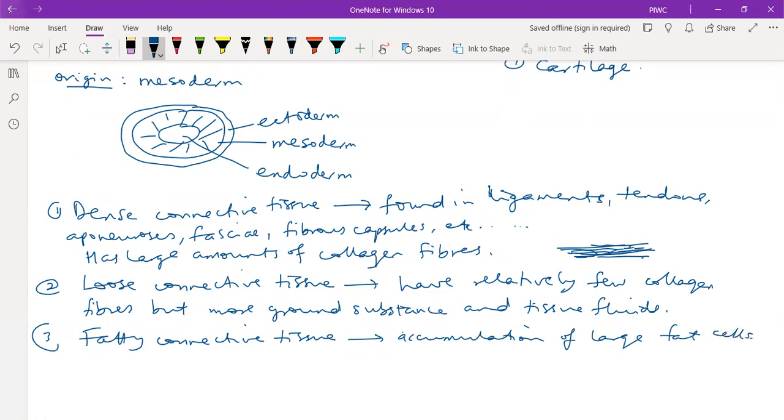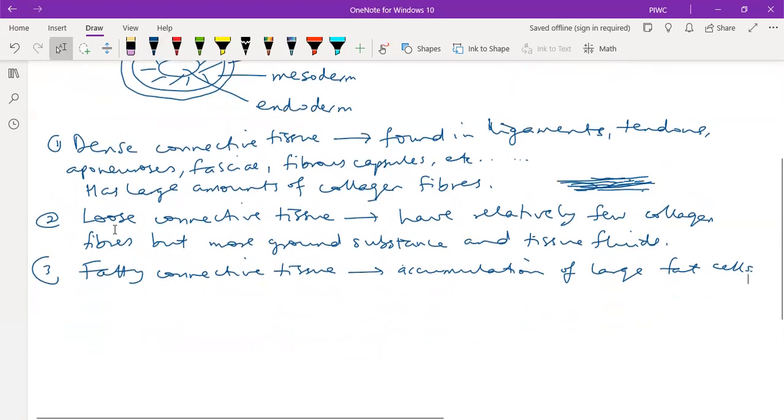Okay. So those are the adipose tissues. So the three varieties of connective tissues that we just mentioned are the dense connective tissue, loose connective tissue, and fatty connective tissues. So those are the typical connective tissues that usually you come across.